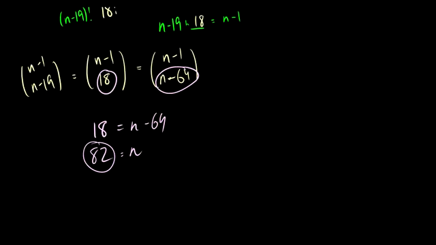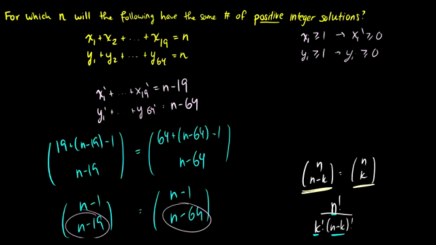So if we go back to the top of the question, they both have the same number of positive integer solutions when n is equal to 82. And you can check this by plugging it back into the formula.